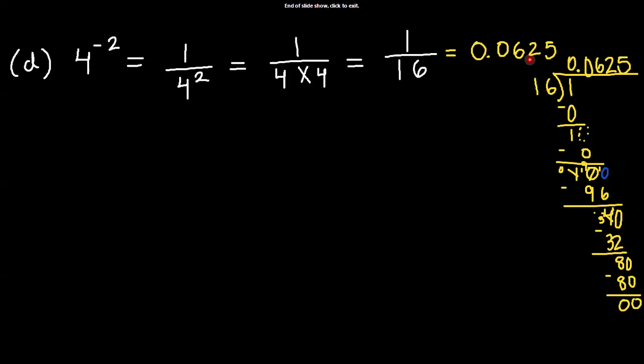But I said we could change it into a decimal. So which one would you put in the exam? I'll put 1/16 or 0.0625. It doesn't matter. They're the same thing. If that's going to take too much time to do the decimal, you might as well just take your point and go. It depends on your exam.